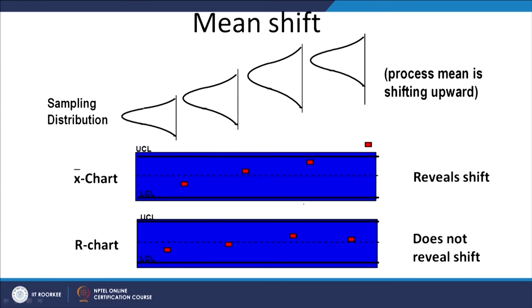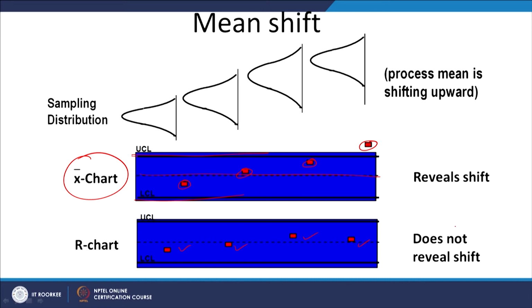For example, in this case, this is the X bar chart with the upper control limit, lower control limit, and the center line value. What we see here is that the mean is continuously showing a trend, and then the values go beyond the acceptable limit. On the other hand, this is not shown by the R chart. The R chart still shows that the range is within the acceptable limit.